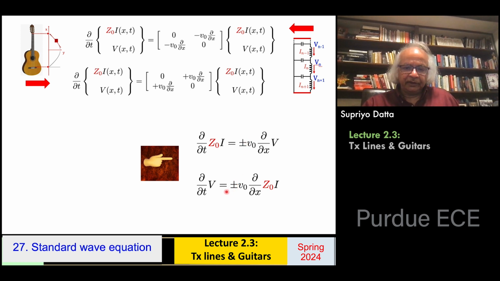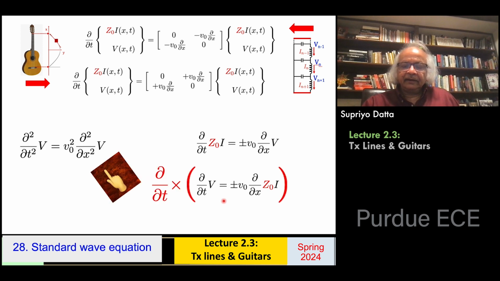Now what I can do is, I can take this second one and take the partial with respect to time. Then you see the left hand side becomes the second derivative of V with respect to time. That's what I have here. The right hand side becomes the derivative of I with respect to x and t.